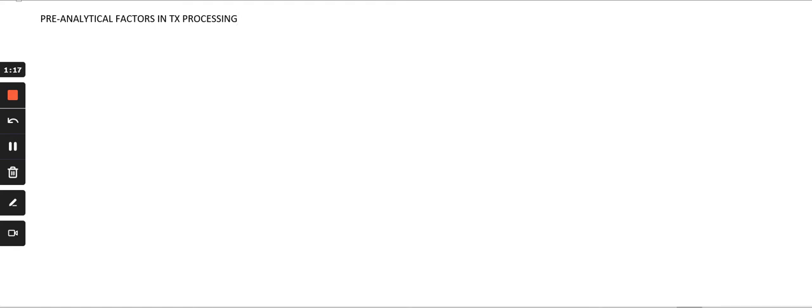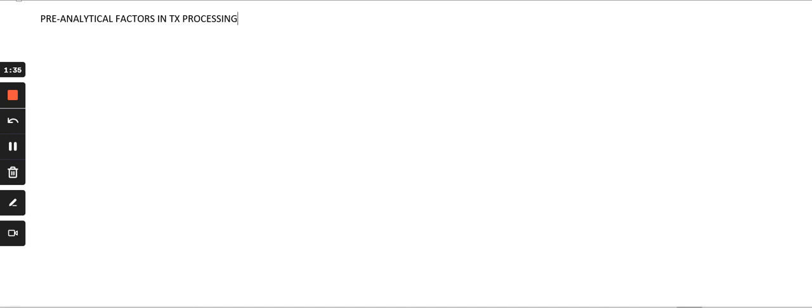Histopathology also has pre-analytical factors. Now, what are these pre-analytical factors that you should know of?